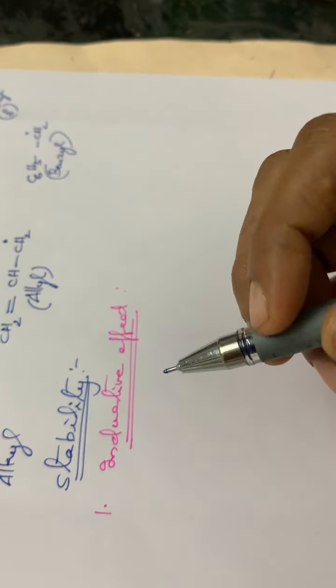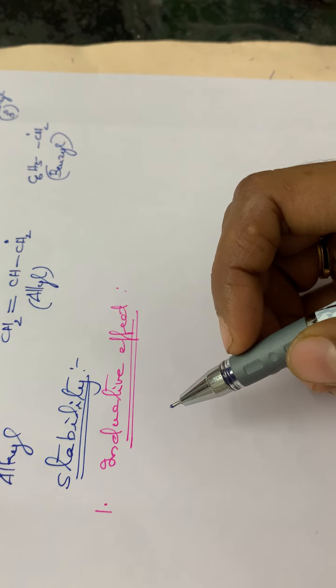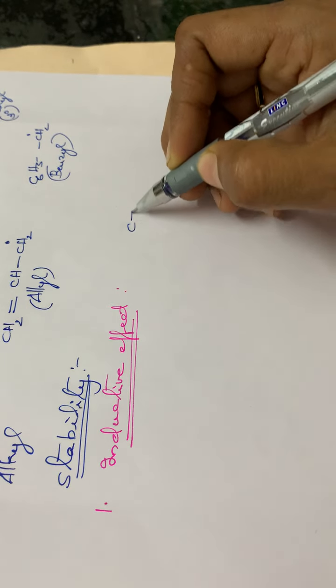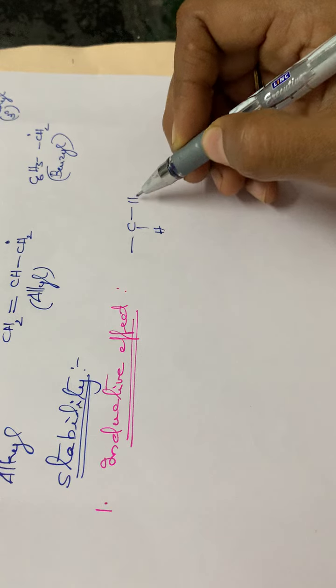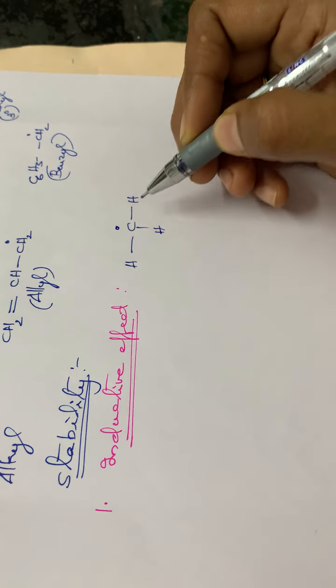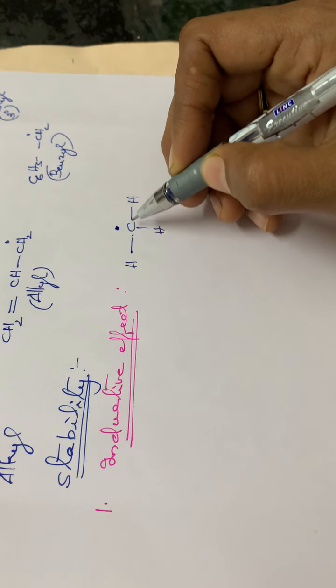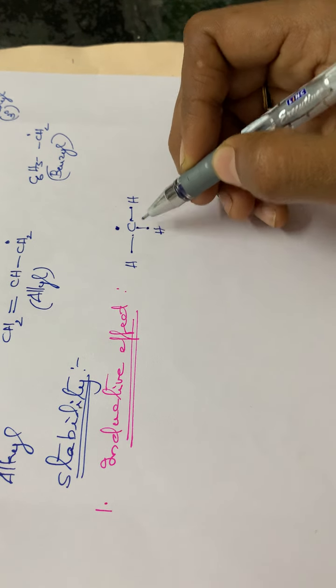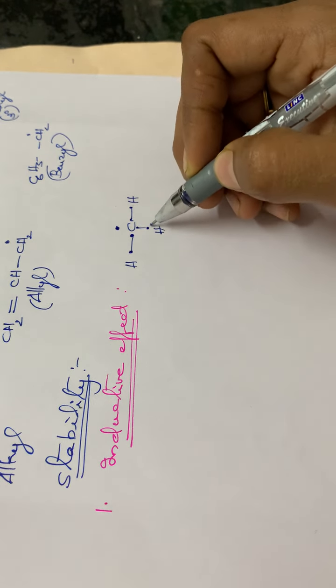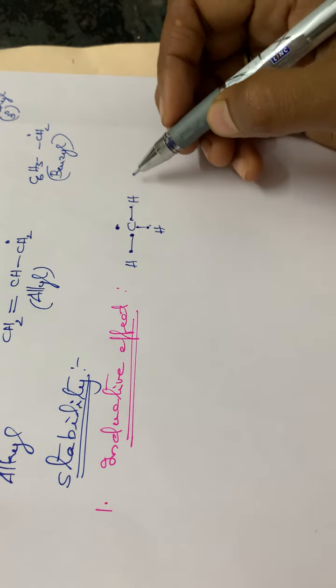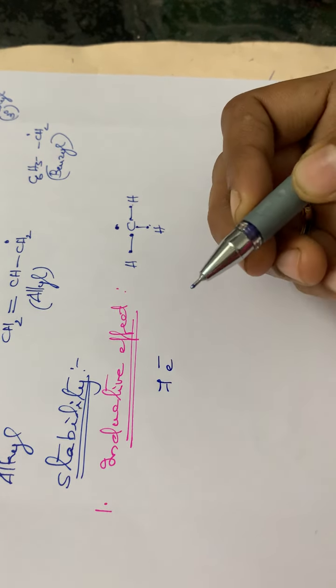Considering a free radical, suppose the methyl free radical, CH3 dot. How many electrons are there in total? 2, then 4, 5, 6. So a total of 6 electrons plus 1 odd electron. So this carbon atom has 7 electrons.